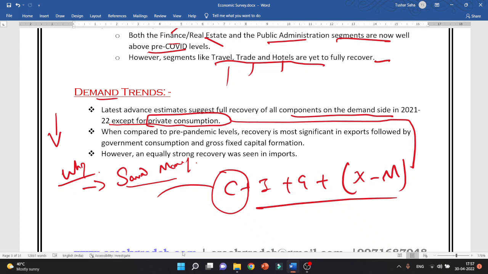See, private consumption is a very big topic, right? It doesn't mean, see, private consumption means what you eat, that will come in private consumption. Let's say you buy a car, that is also a private consumption, but that is a kind of luxury consumption. You don't buy a car every day, but you buy food every day, right? You buy vegetables every day.